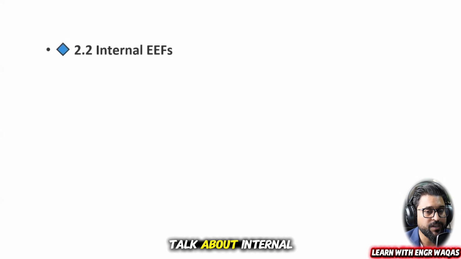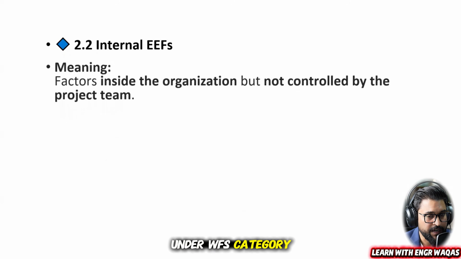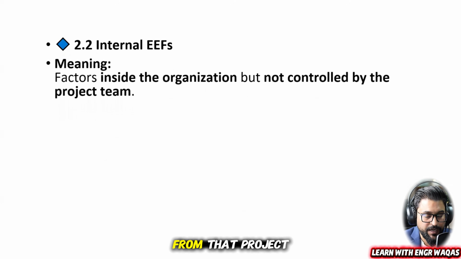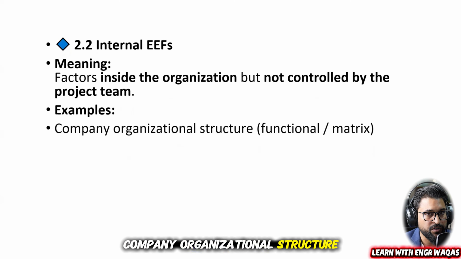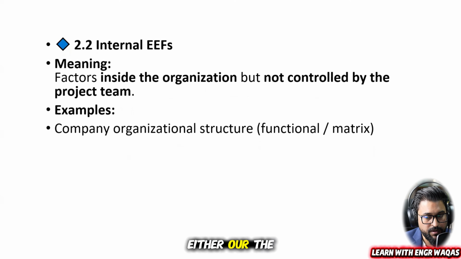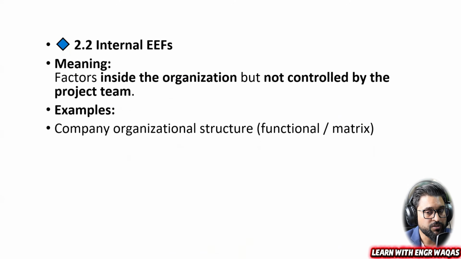So when I talk about internal factors under the EEF category, these are factors from inside the project organization, from the inside environment of that team. For example, the company organizational structure, OBS, organizational breakdown structure, or the team which is operating our project: how powerful, how authorized, how accountable that team is.